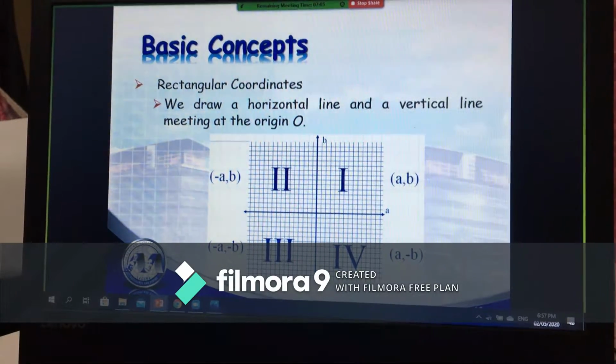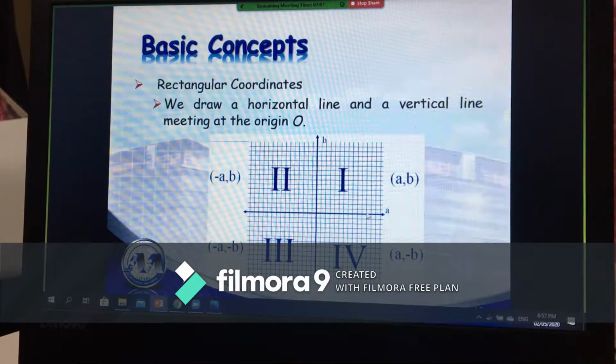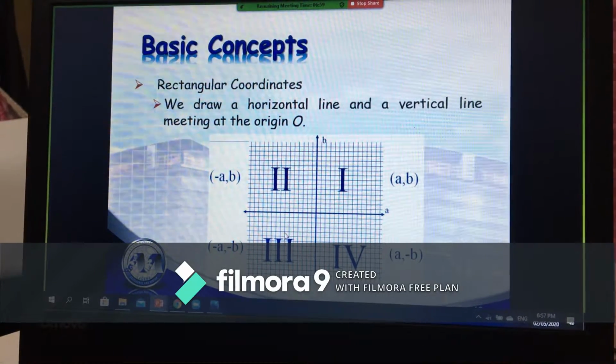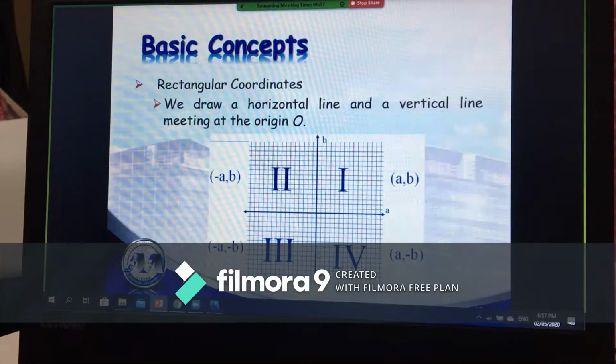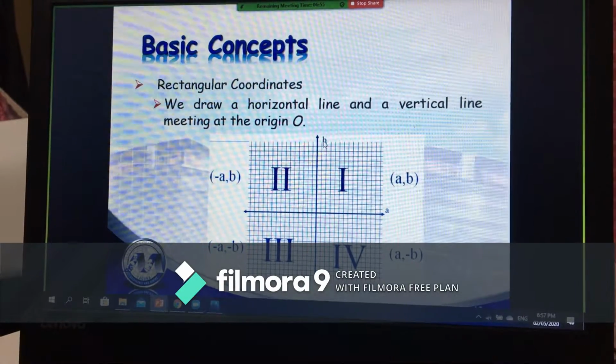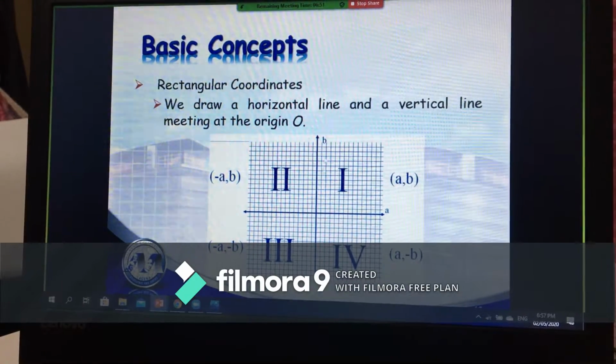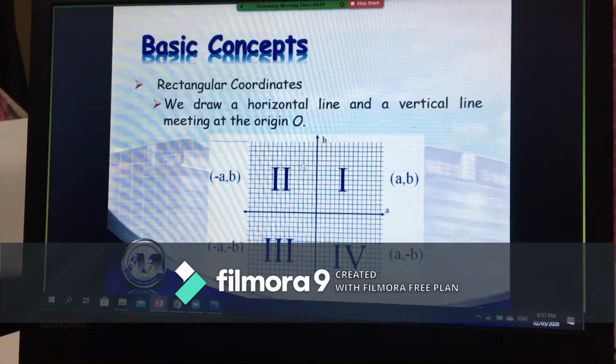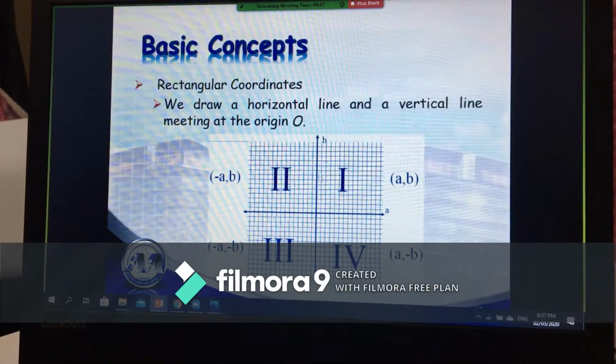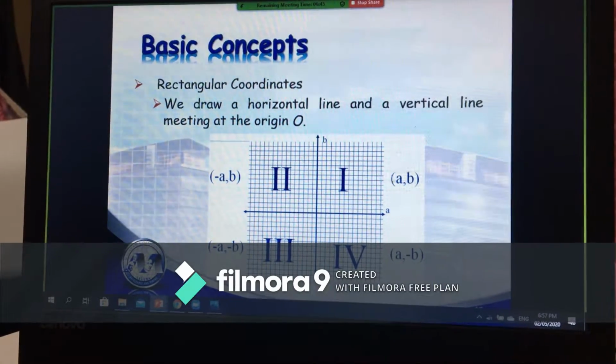If we consider, now we will use any point on this number line as A, and any point on this line as B. We denote it as A and B. For horizontal A, for vertical is B. So any point, we can represent that as A and B.